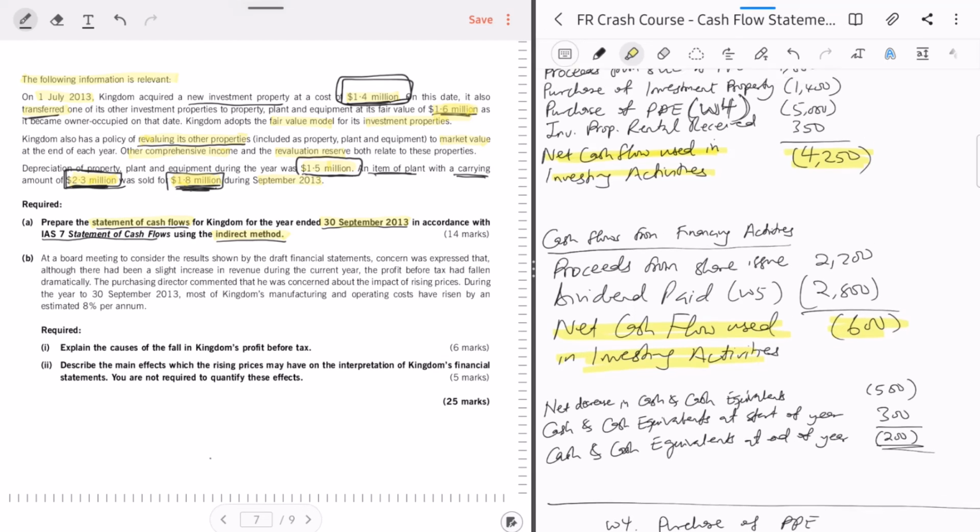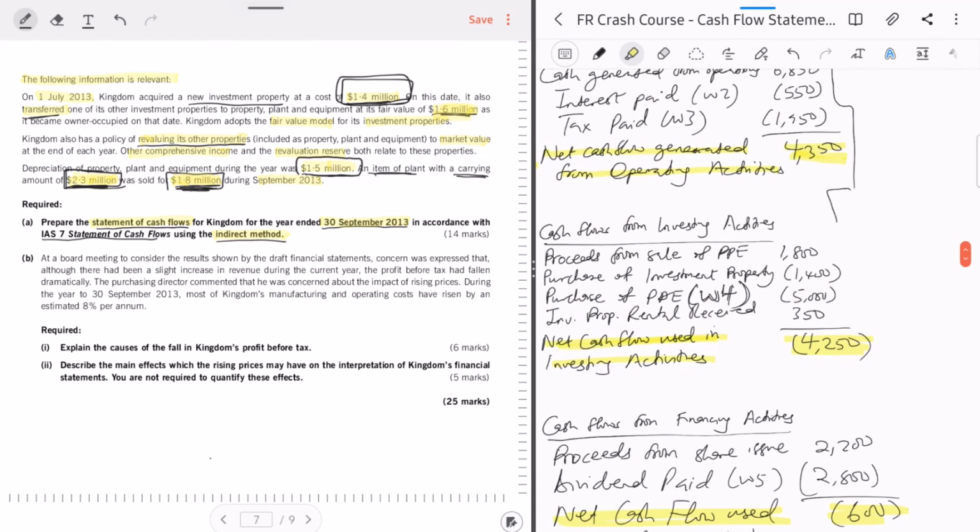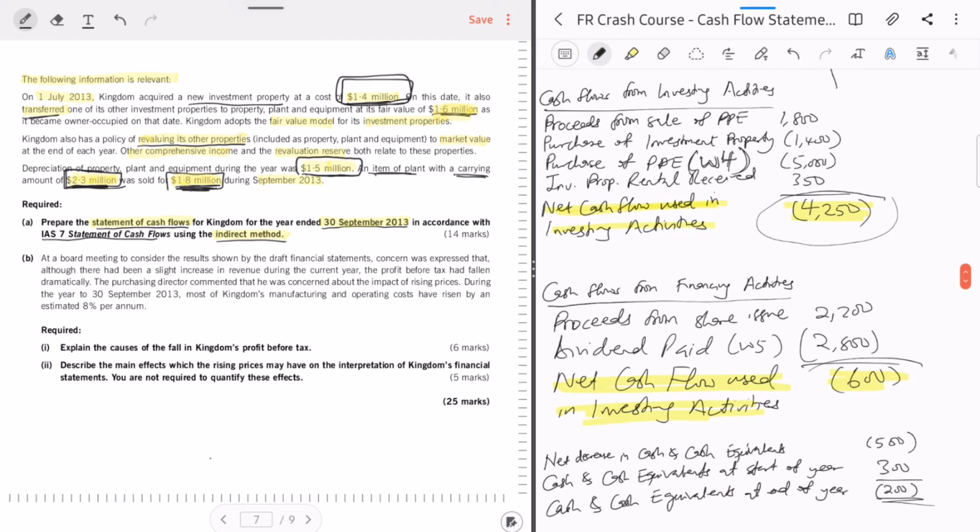So if I sum my 4,350 here, this figure, and my minus 4,250 and my minus 600, will it give me minus 500? That's the question, right? Will it give me minus 500? So let's check. I have calculator, give me a second.